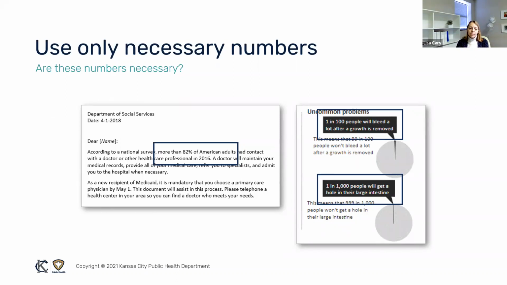Okay, I'm getting yes. One person said no, but mostly yeses. Yeah, and we would agree. We would say yes, these numbers are necessary because they help patients understand the risks associated with the procedure that they're about to get. And it's important for them to know those risks before they agree to have the surgery.